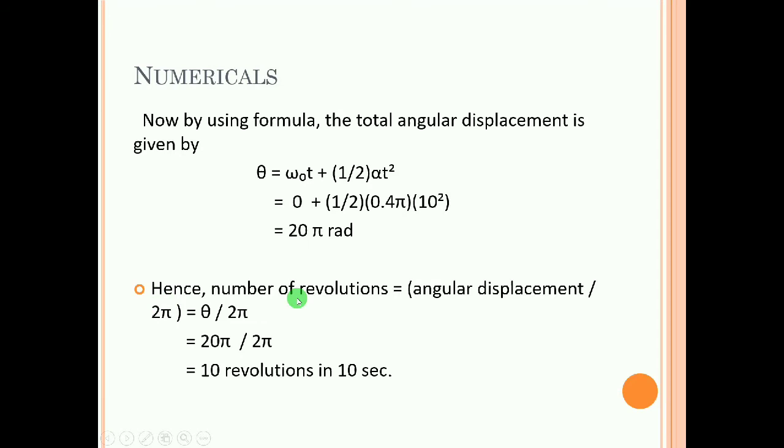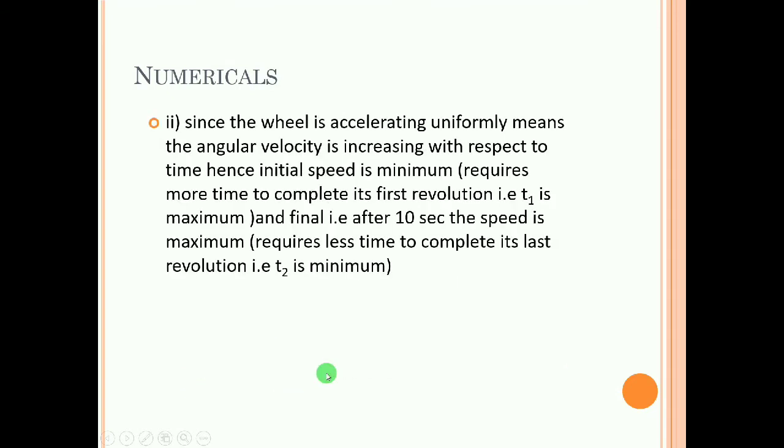So the number of revolutions is theta by 2 pi. Theta we already calculated as 20 pi, so 20 pi divided by 2 pi gives 10 revolutions in 10 seconds. Next, the second thing asked is the time interval for the first and for the last revolution.